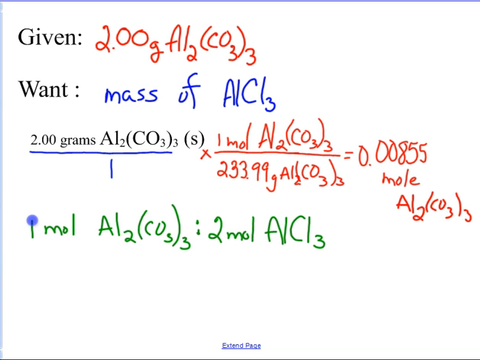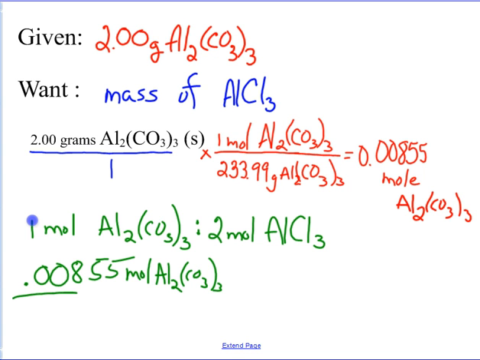So I'm going to take my moles of aluminum carbonate that reacted, 0.00855 moles aluminum carbonate over 1, and then multiply by the mole ratio.